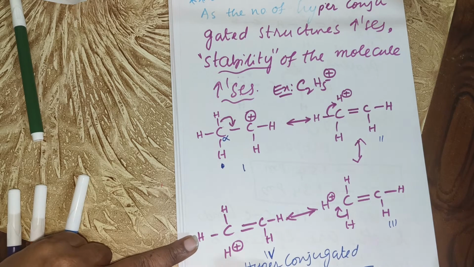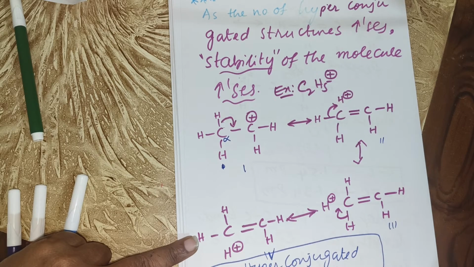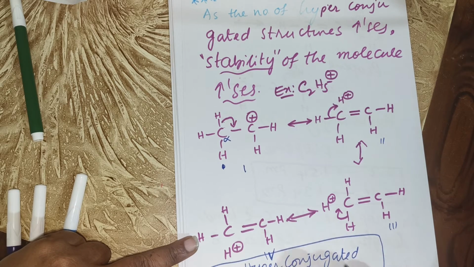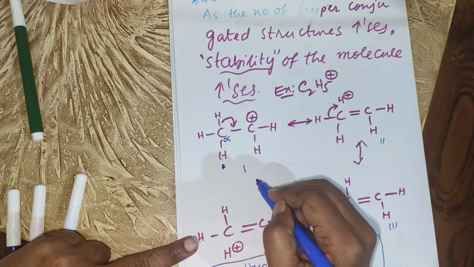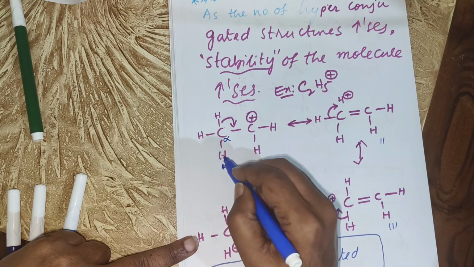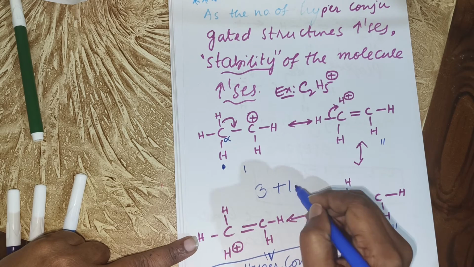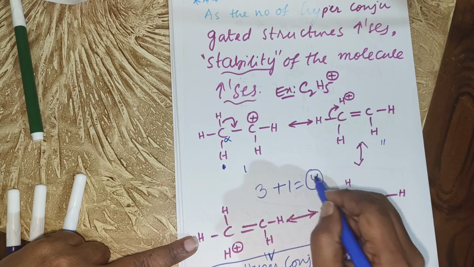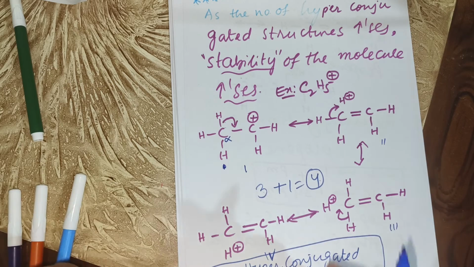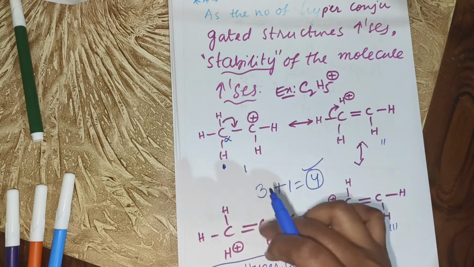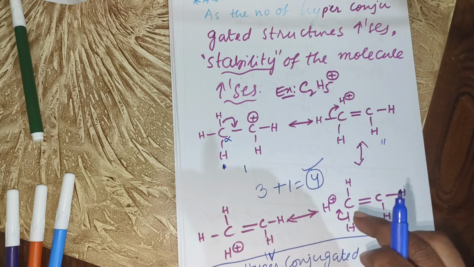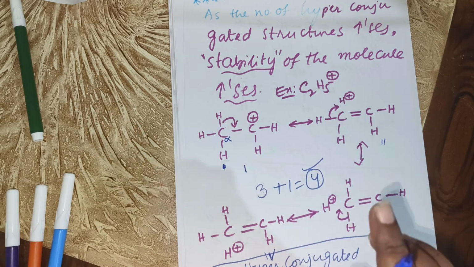This is the formula. Here the number of alpha hydrogens is 3: 1, 2, 3. Three alpha hydrogens plus 1 gives a total of 4 hyperconjugated structures. That's why this is the formula. The number of alpha hydrogens plus 1 gives the number of hyperconjugated structures.